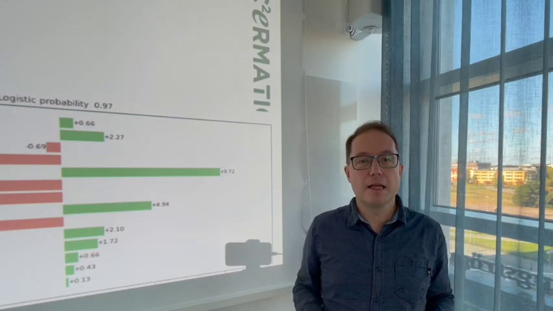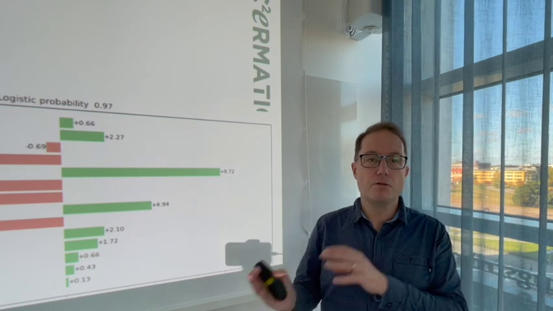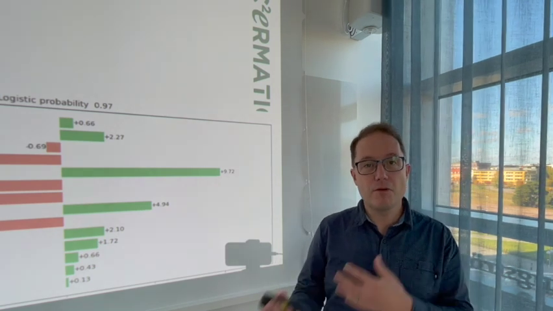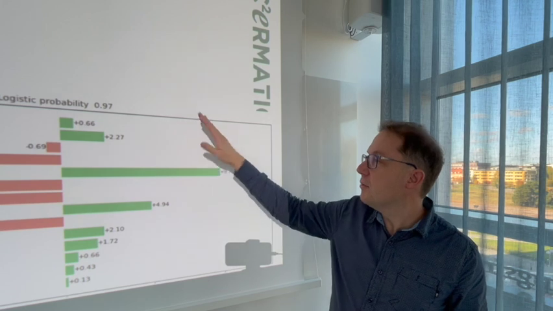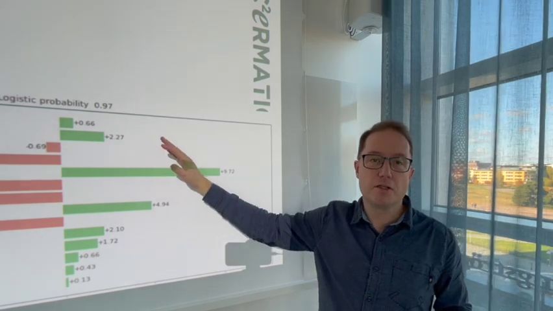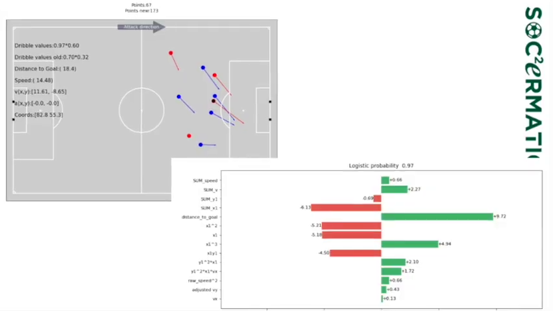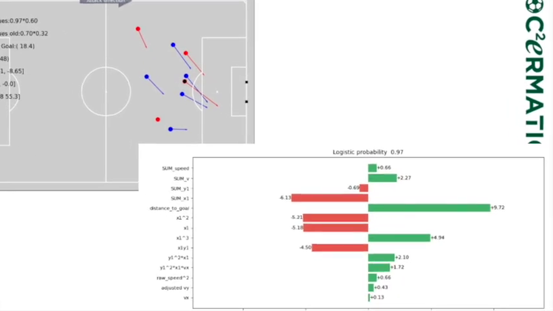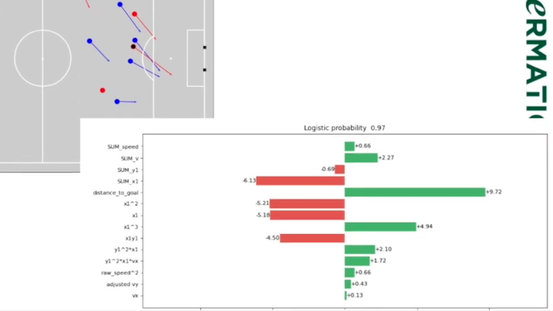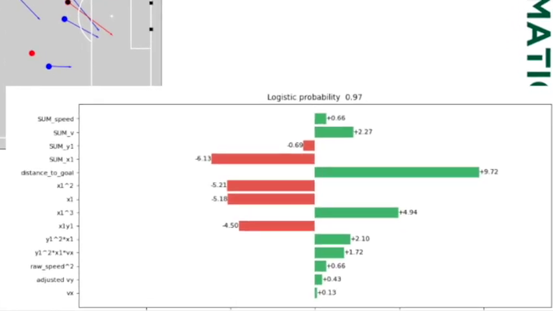What I like about the approach based on regression models is that we can actually see the importance of the different factors in any particular dribble. We fit the regression and we put in the characteristics of the dribble we're trying to assess, and that can tell us what makes it a good dribble.